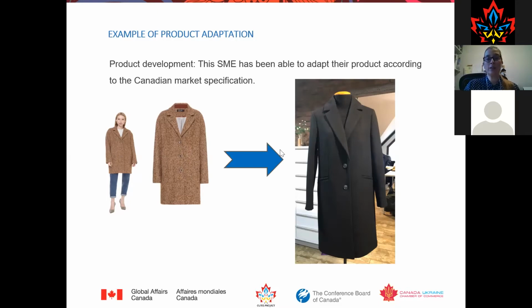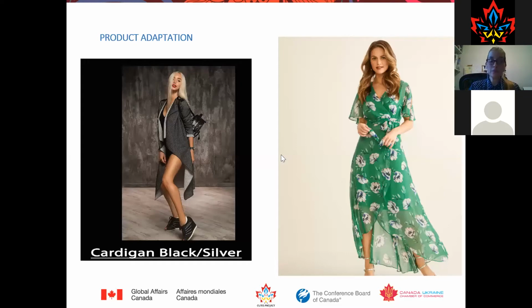Another example that I want to share with you is another product adaptation. I'm going to show you, and this has to do with gender as well, the way we present the garments.